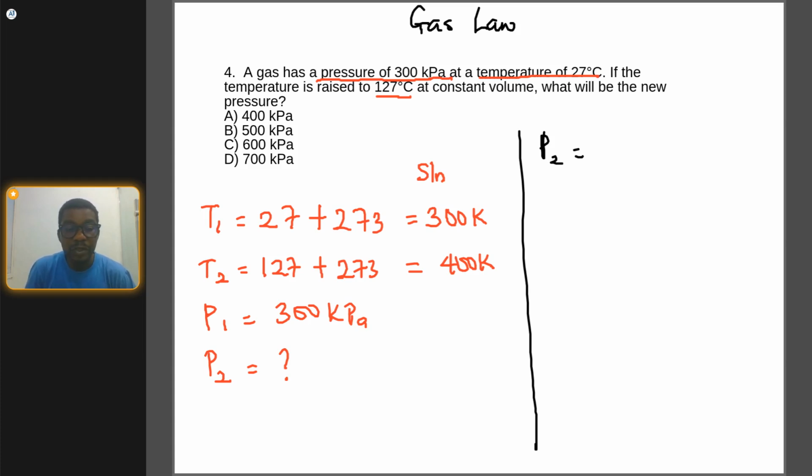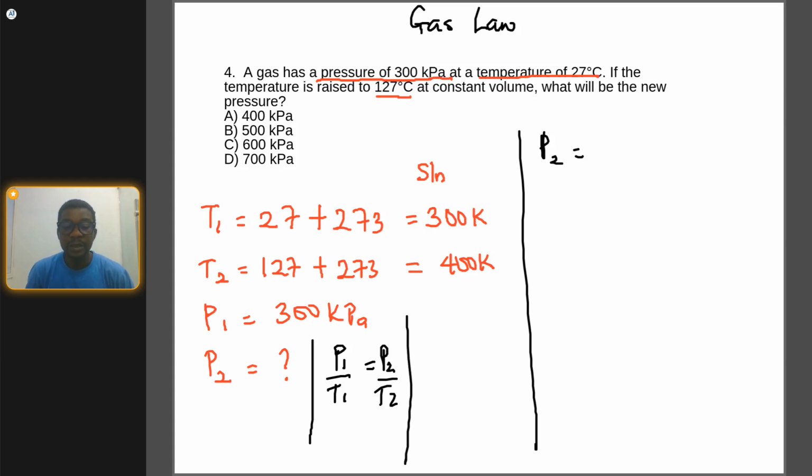Now, if volume remains constant, that means we are talking about Gay-Lussac's law. Gay-Lussac's law states that P1 over T1 is equal to P2 over T2.